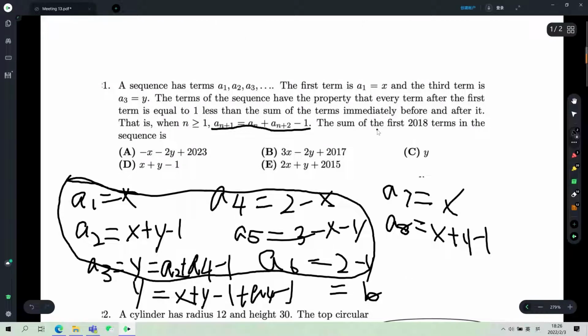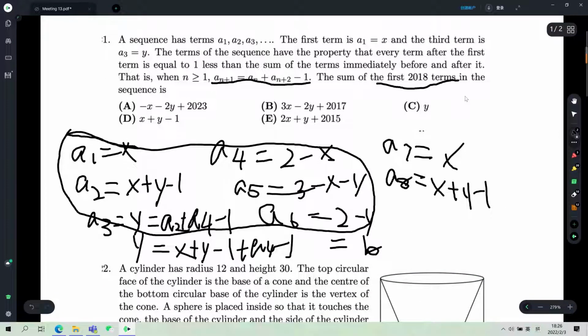So for the first 2018 terms, how many sequences will it be? It should be 336 times 6. So there are 336 sequences, which is 2016 terms, and we have an extra 2 terms.